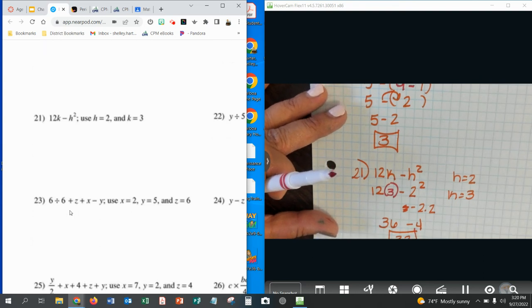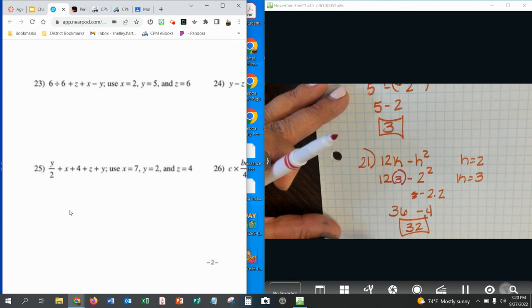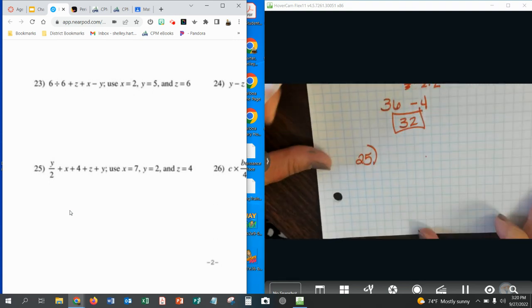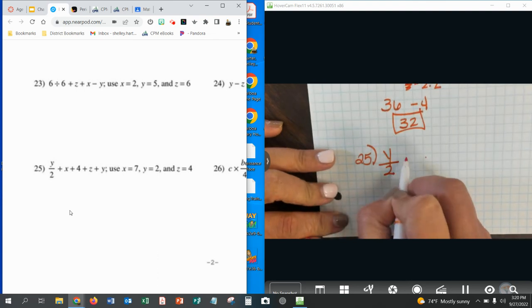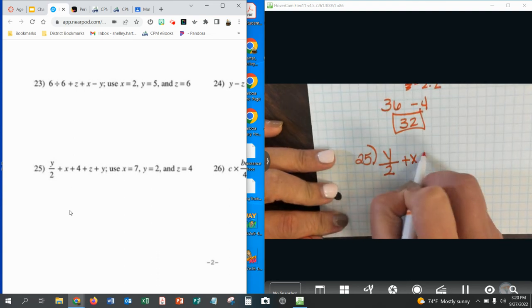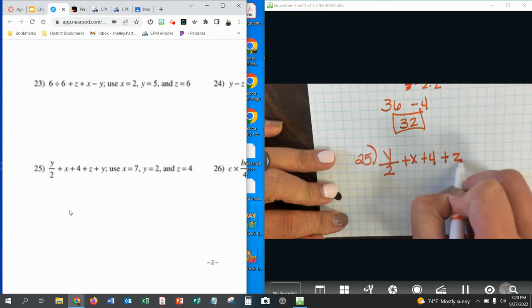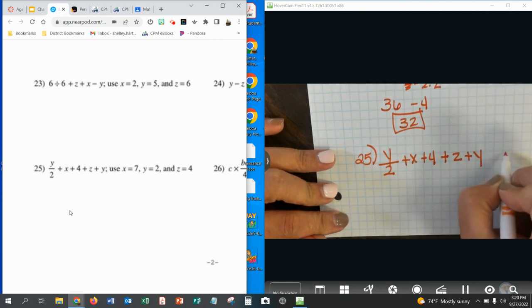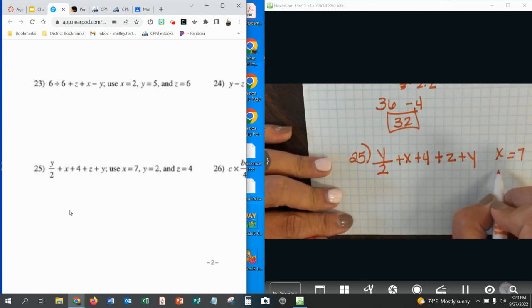Great, we're almost done. Let's do 25 together. We have y over 2 plus x plus 4 plus z plus y. X equals 7, y equals 2, and then z equals 4.